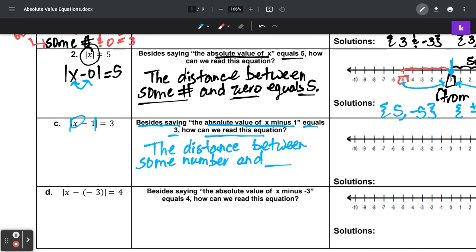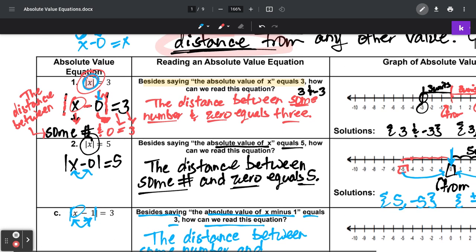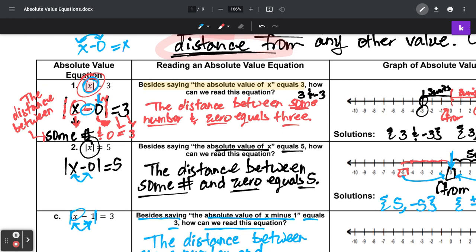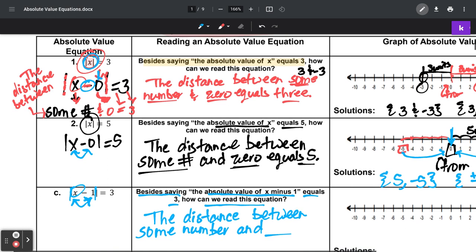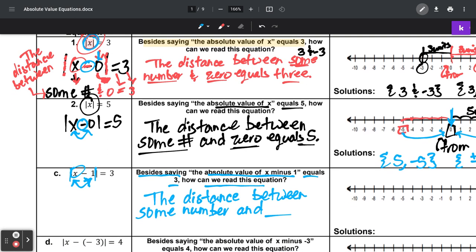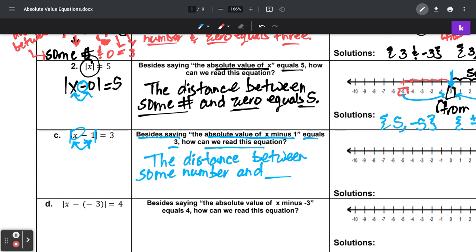Well, look at these two. It's the distance between some number and not -1, but 1. Because the subtraction sign that you see in the middle represents distance. Okay? That subtraction sign just represents the word distance. So when I said the distance, that takes care of that subtraction sign. So the other two values have to be x and 1.